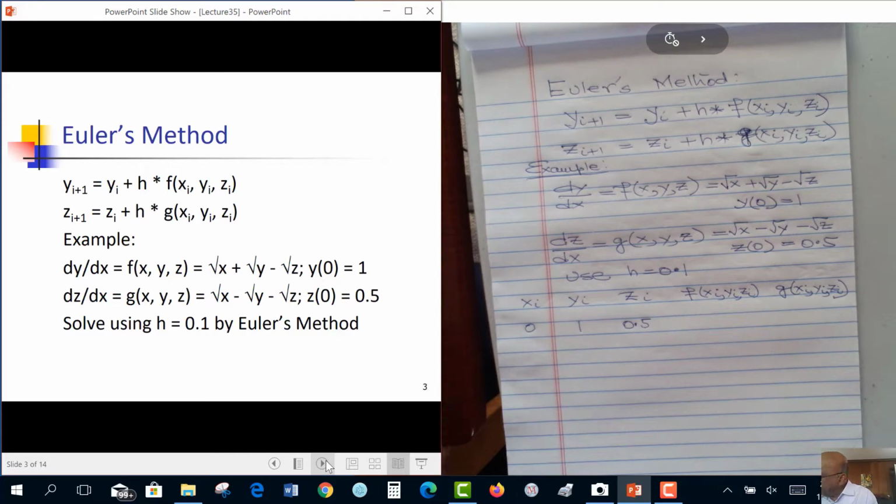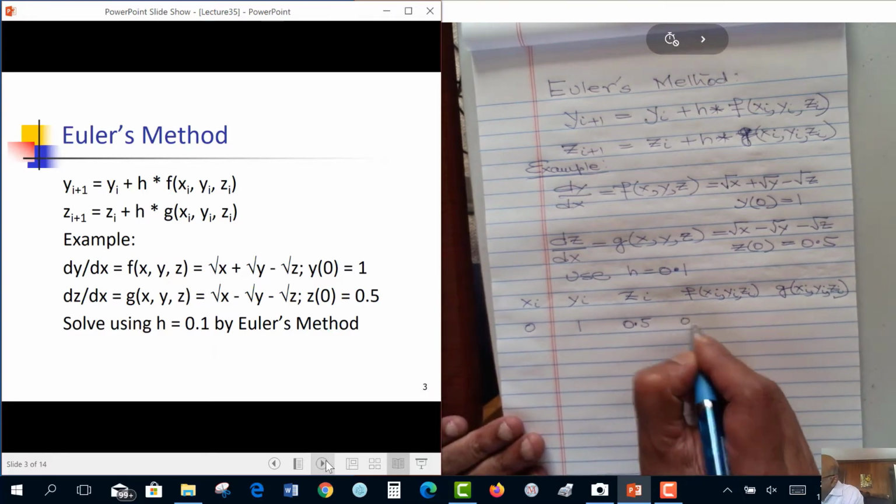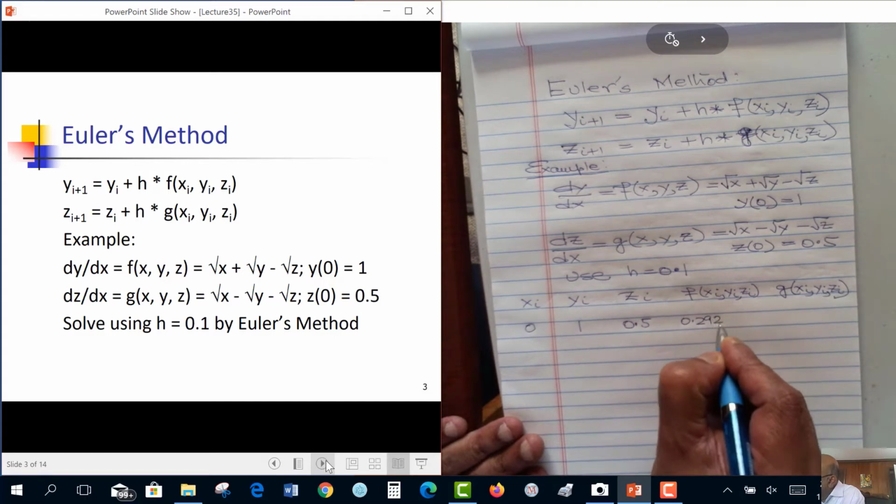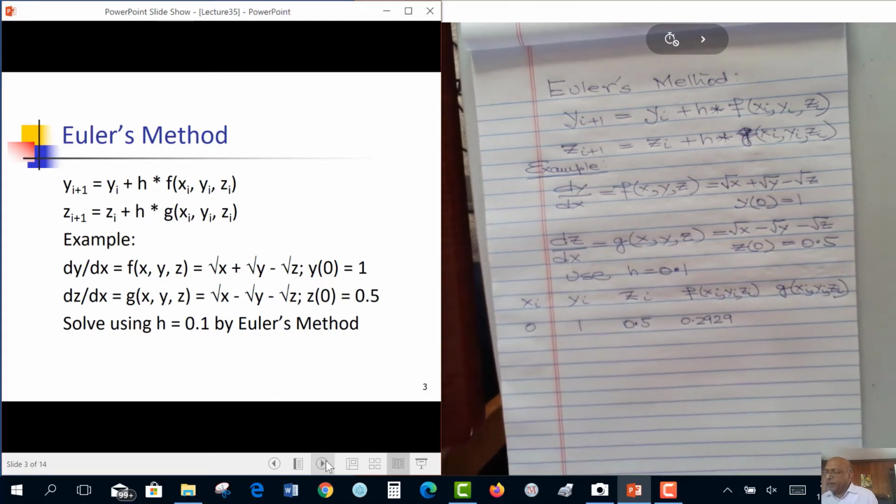So we have square root of 0 plus square root of 1 minus square root of 0.5, which is 0.2929. We'll keep 4 digits. The other one, square root of 0 minus square root of 1 minus square root of 0.5.